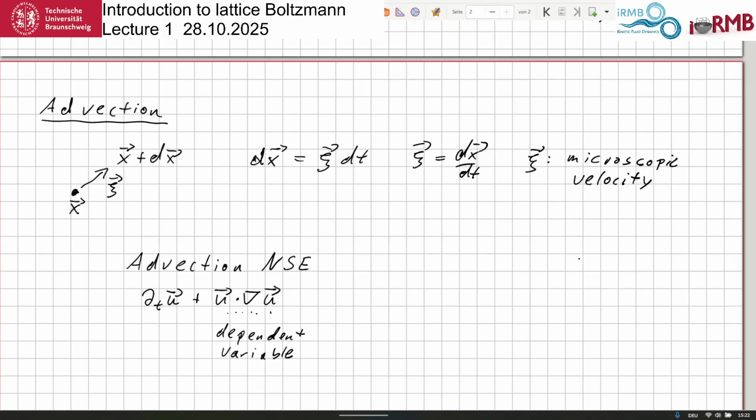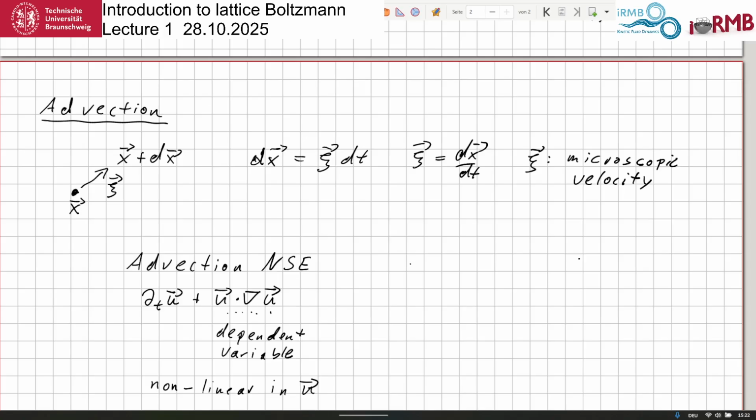There are inverse problems and optimization problems where they often turn around, but you have to distinguish between them. So this thing is nonlinear in its dependent variable u. This is causing problems for solving the Navier-Stokes equation.